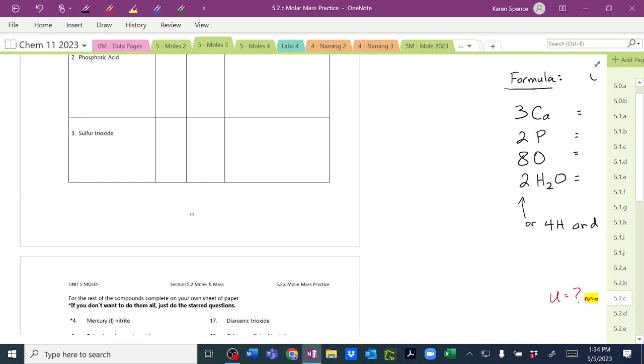Okay, so 41, 42, enough to feel good about finding the molar mass.